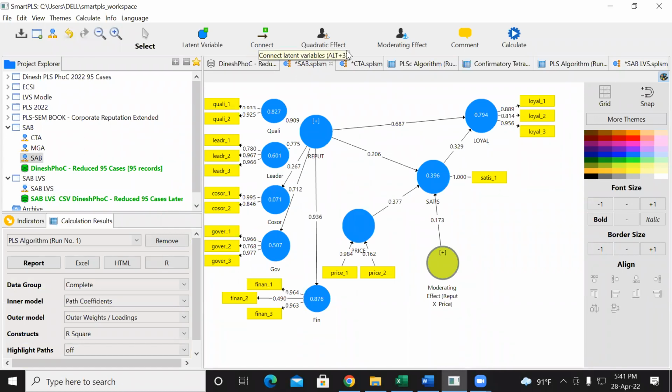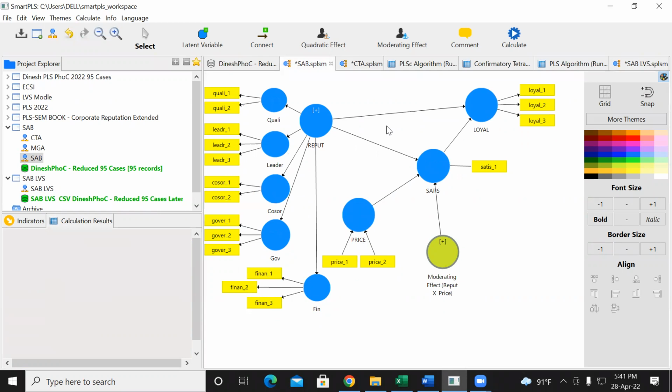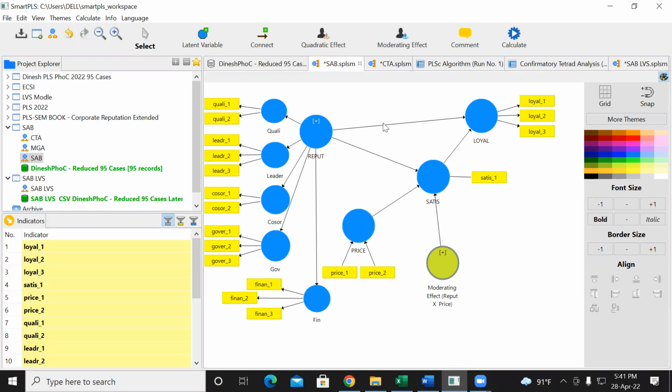But we will assume the endogenous variable is reputation, though theoretically wrong. But to explain, let me use that as an example. My endogenous variable is not loyalty in this example. It is reputation.